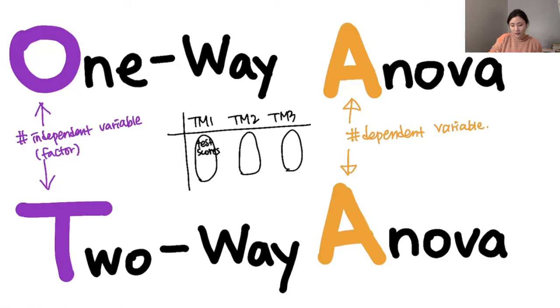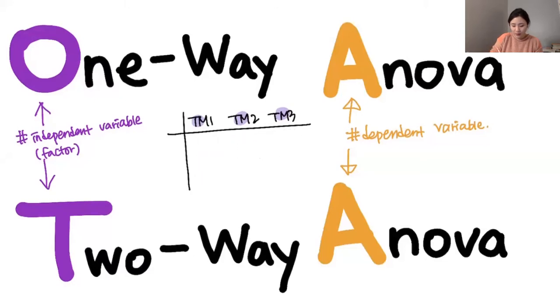If I want to compare how test scores differ according to both teaching method and learning environment, I can add one row here: learning environment number 1 and learning environment number 2.